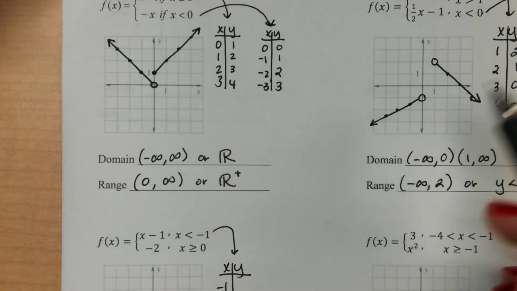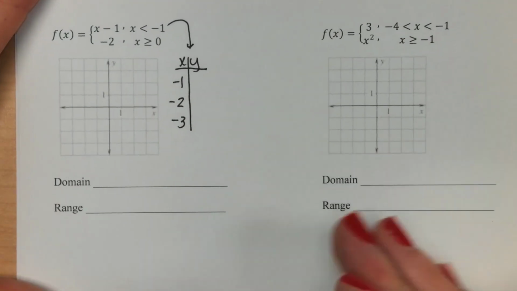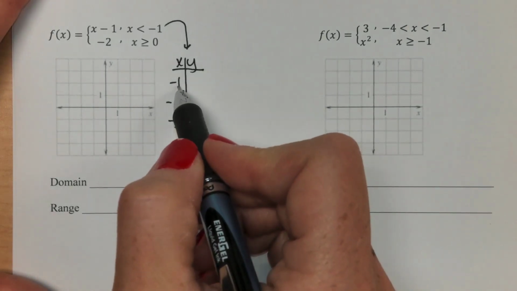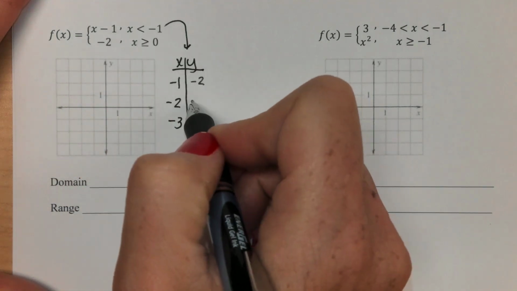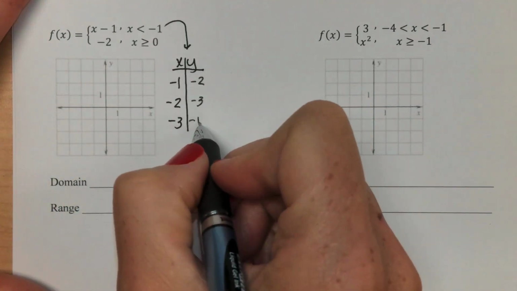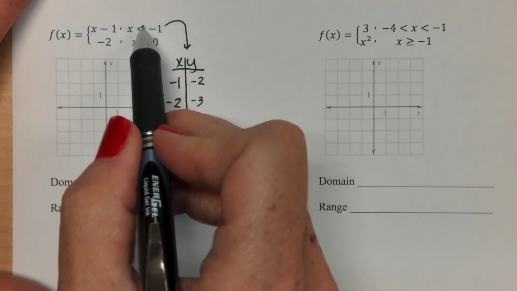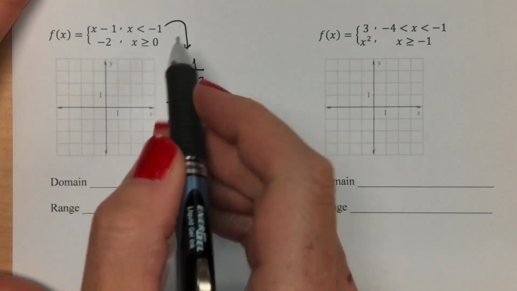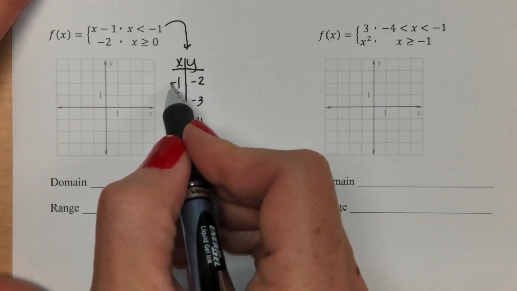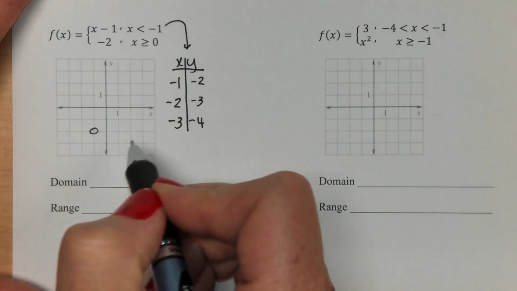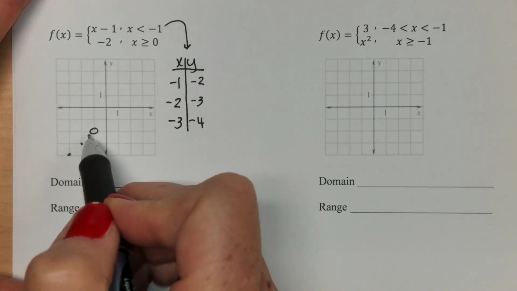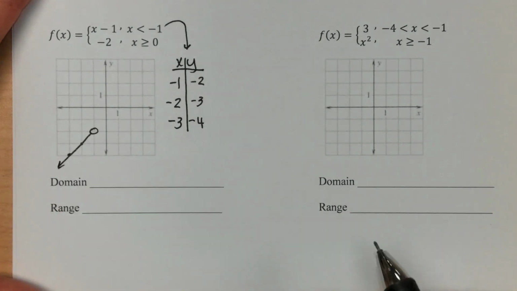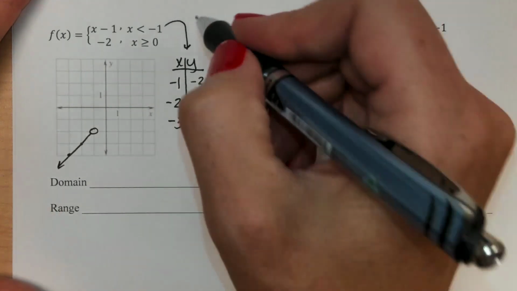So starting with -1, -1 minus 1 is -2. -2 minus 1 is -3, and -3 minus 1 is -4. So we're going to start plotting these. This one is an open circle. So my first bubble is an open circle at -1, -2. Then I got -2, -3, and -3, -4. So connecting in that order, that's where my function's going for that part.